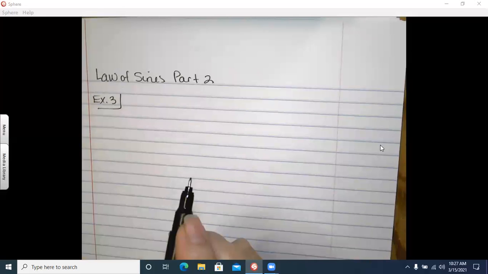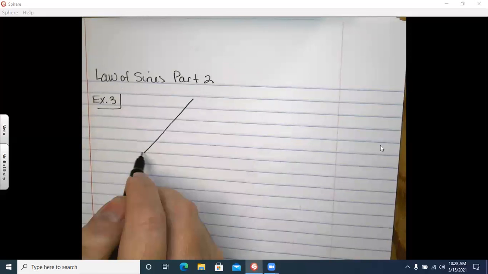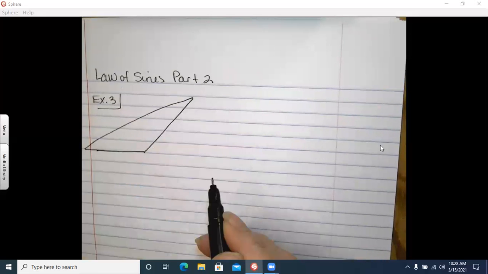So example 3. We are going to solve this triangle. It's an obtuse triangle. Not a very pretty obtuse triangle. We're given angle A is 50 degrees.